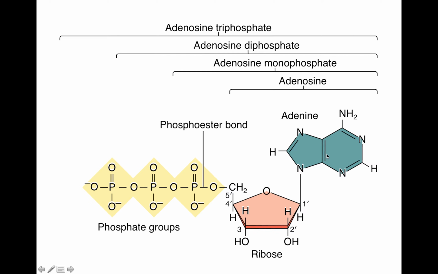That hydroxyl, by the way, makes it rather an unstable molecule, and we saw this structure in the last video capture as well, where we have adenosine, which is just the base and the sugar, adenosine monophosphate, a single phosphate attached, adenosine diphosphate, 2 phosphates, and our favorite molecule, ATP.